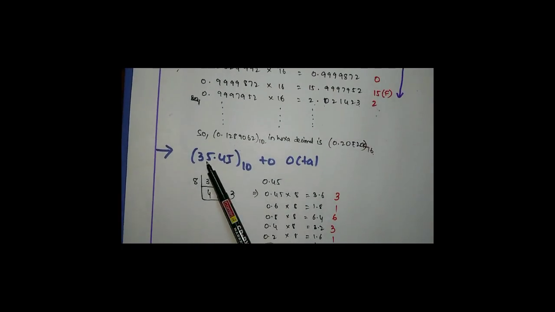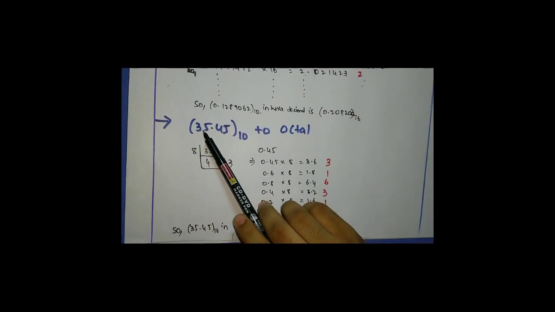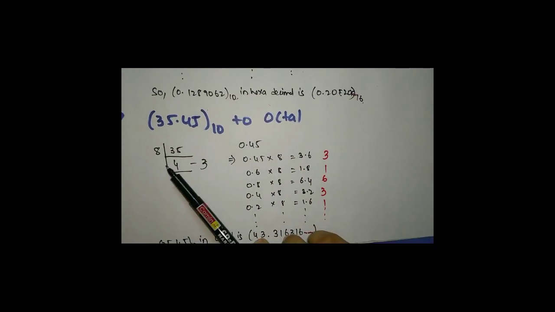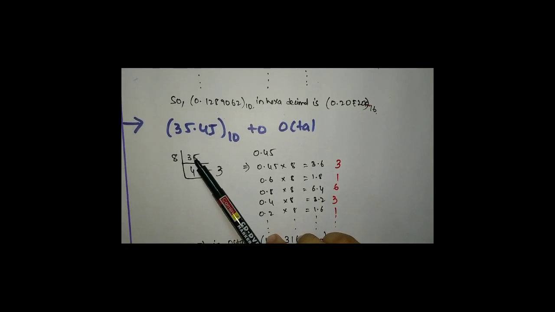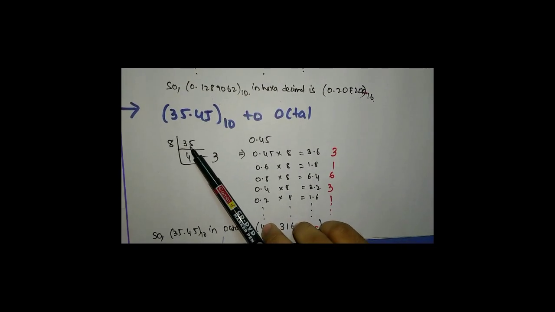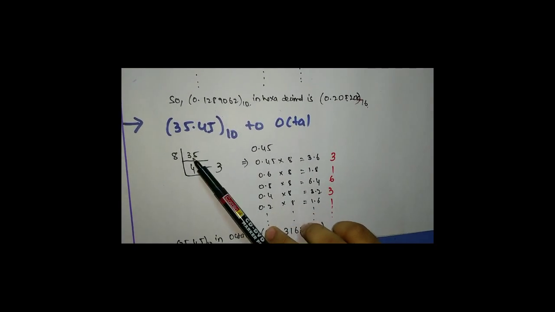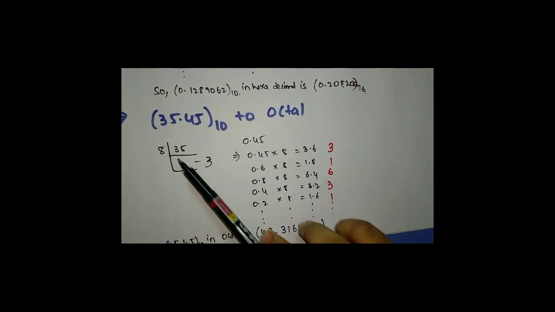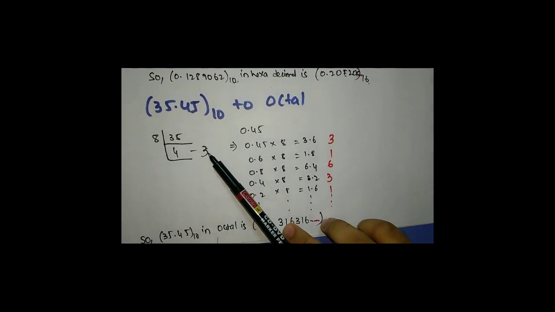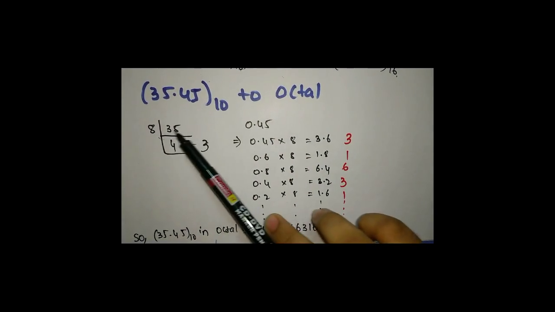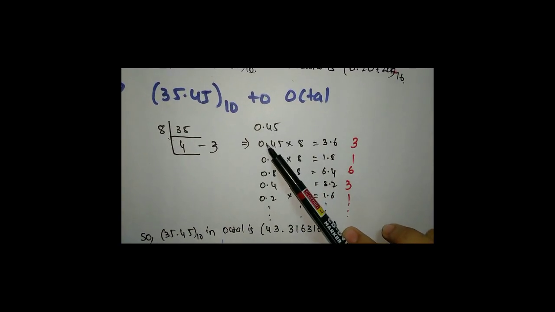Next we go here with the example 35.45. It is in decimal. To convert to octal, we have to divide 35 by 8, and 35 divided by 8 will be 4 and the remainder will be 3. 8 4s are 32, remainder will be 3.